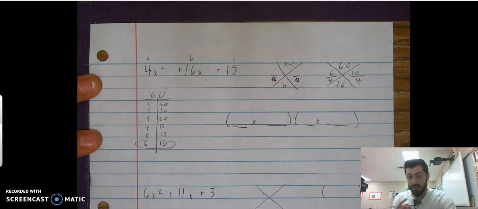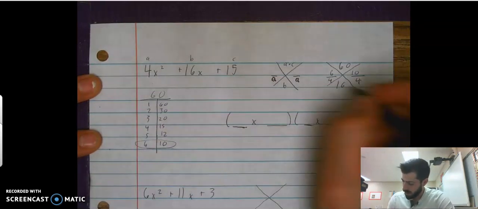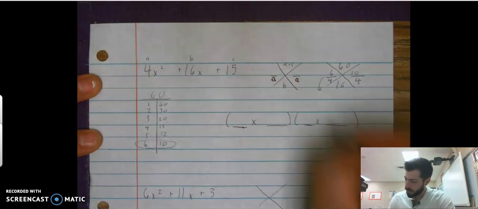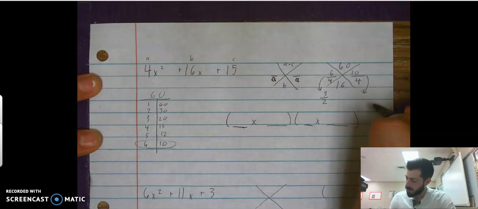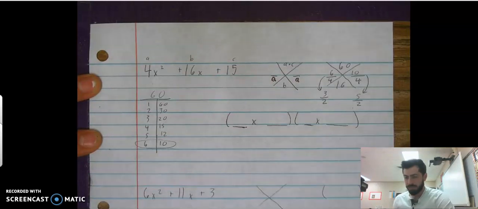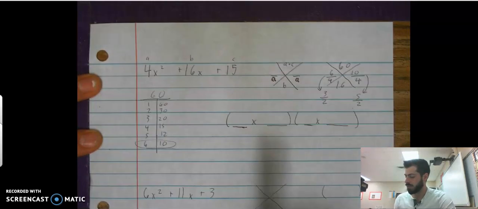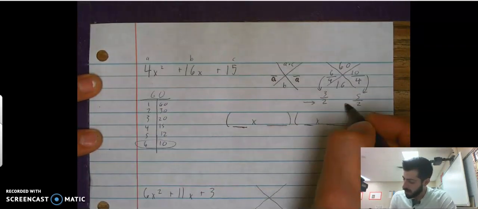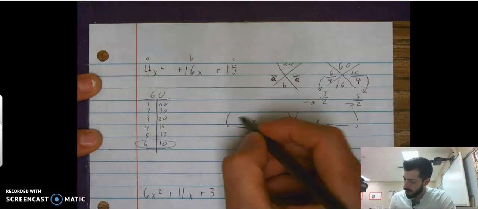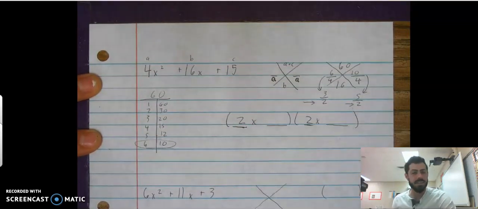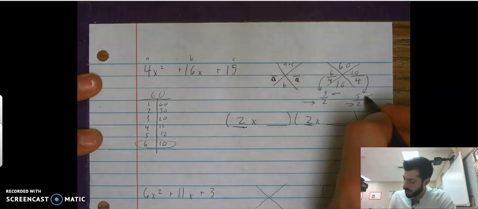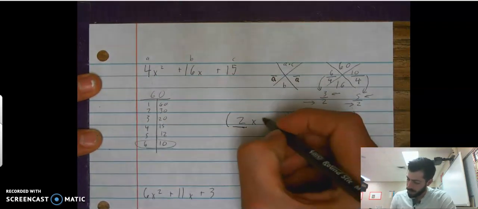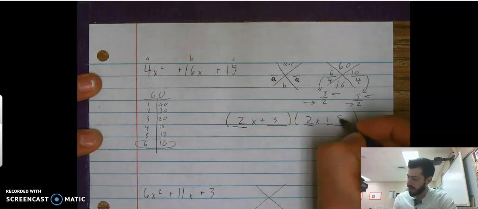We will then reduce those fractions. 6 over 4 reduces to 3 over 2, and then 10 over 4 reduces to 5 over 2. And then we use these numbers to fill in what we're looking for. The number on the bottom will go in the first slot. That will be our coefficient on our x's. And then the number on top will go in our second slot. So we have 3 here and 5 there.